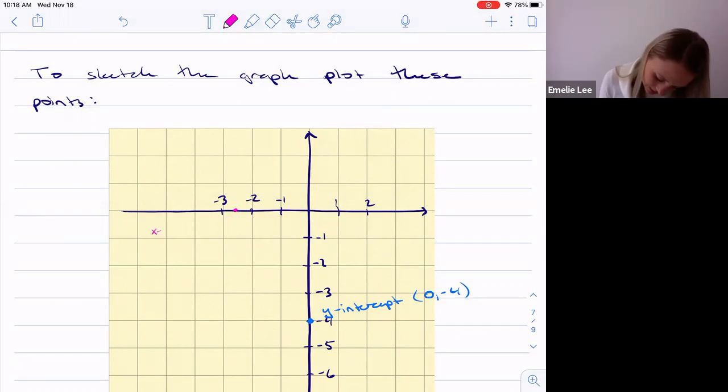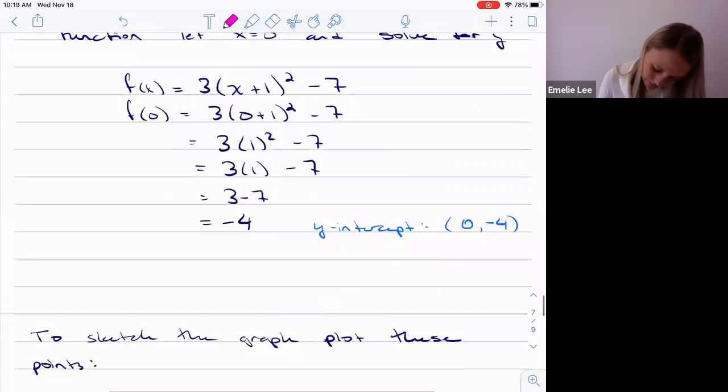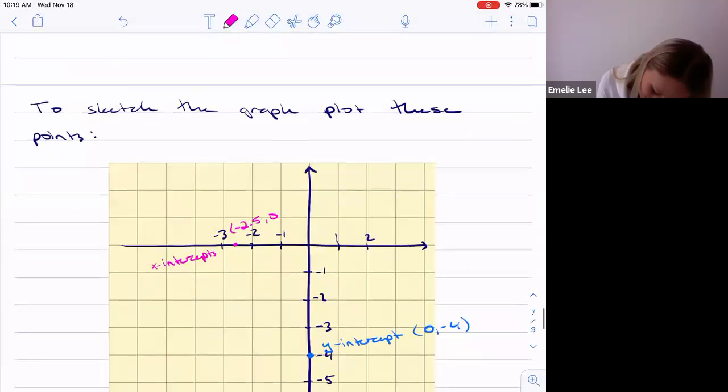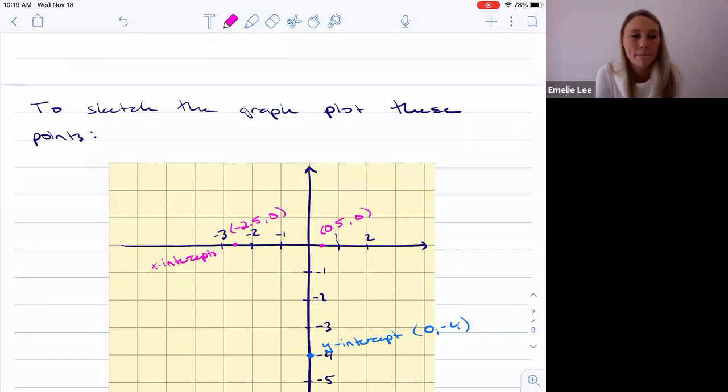So the x-intercepts are at -2.527, let's leave it there, and positive 0.527, roughly. Okay.